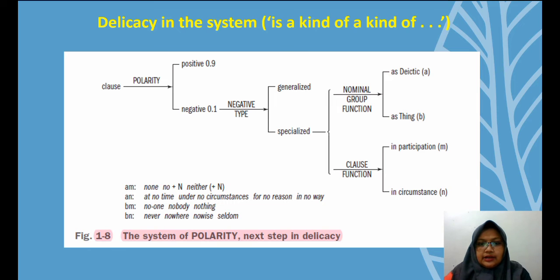There are two kinds, generalized and specialized. Specialized here has two possibilities, nominal group function and clause function. The nominal group function is divided into two, as deictic and as thing, and the clause function is in participation or in circumstances.